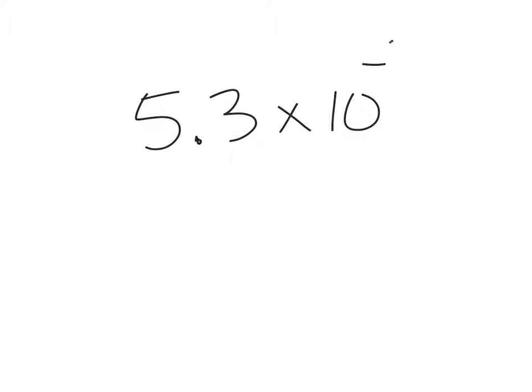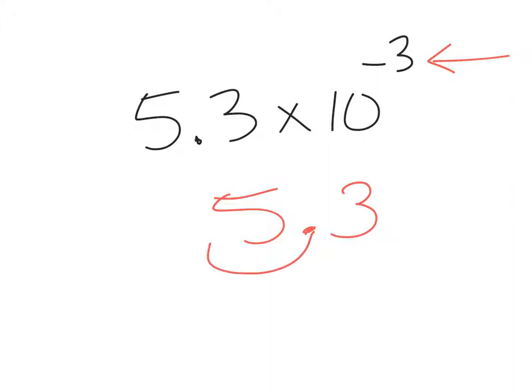If I had 5.3 times 10, let's say to the negative third, then what that means is I'm going to start with that decimal between the 5 and the 3, so 5.3. And this exponent tells me to move it 3 places, but now in the negative direction. So that means moving it once, going to the left, would make it 0.53.